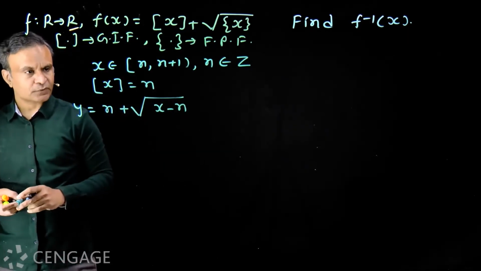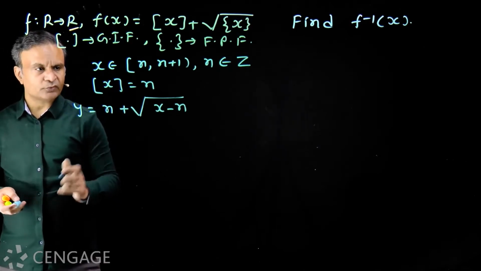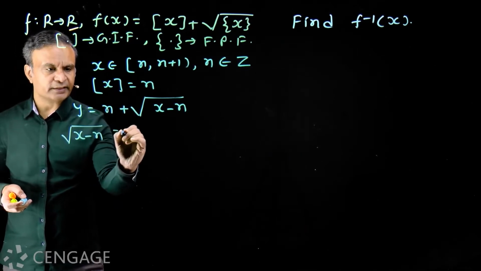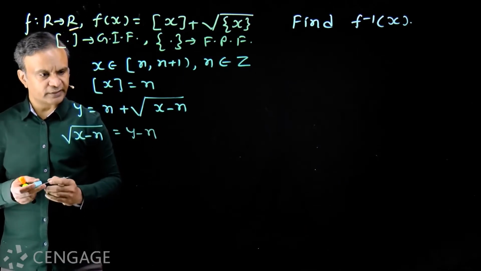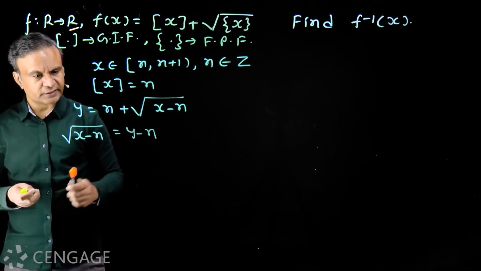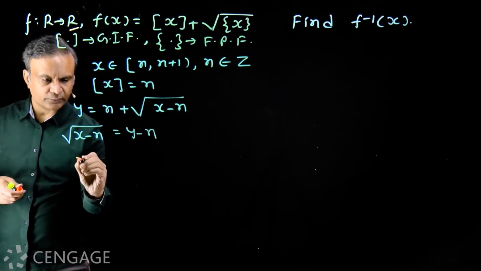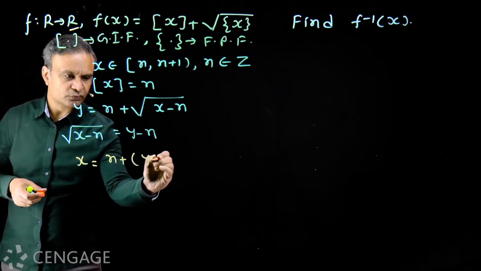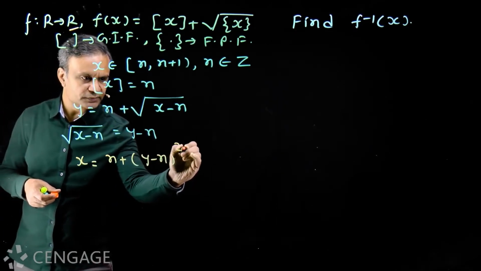Now we have to get x in the form of y. We will have square root of x minus n is equal to y minus n. Now we square both sides and take n on RHS. We get x is equal to n plus square of y minus n.